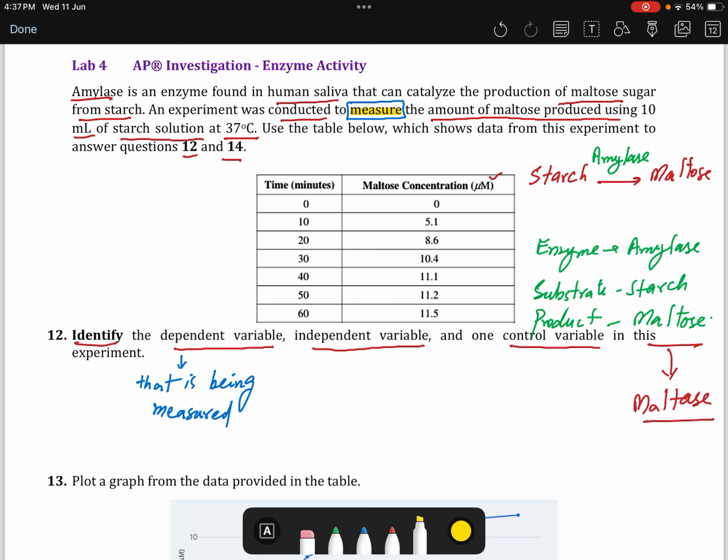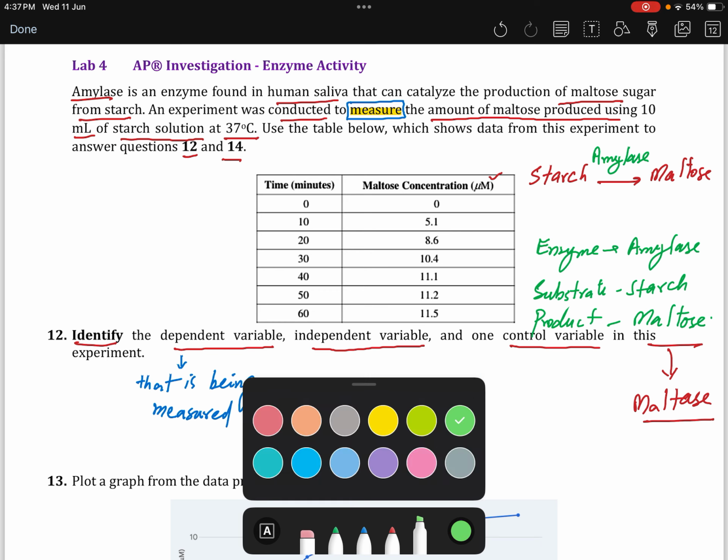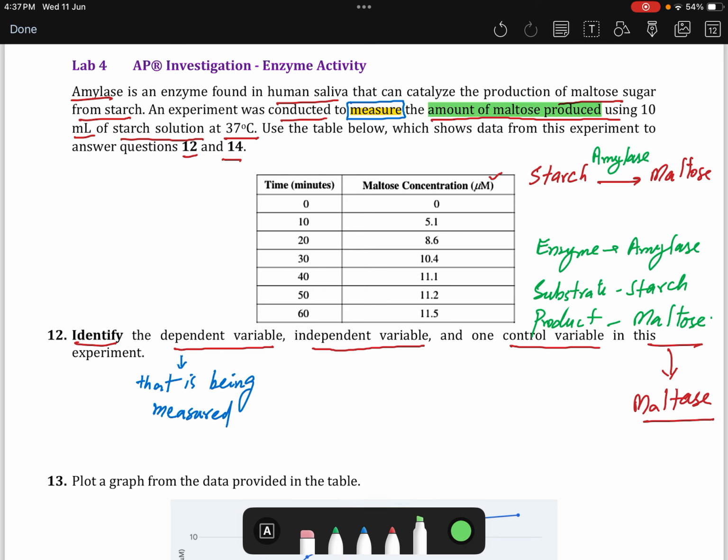They are measuring the amount of maltose. So the dependent variable is the amount of maltose. Please make sure if any unit is given next to it, you must mention it. It's really very important to score the full marks.